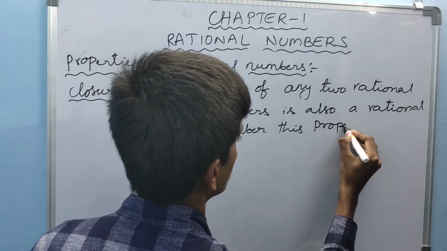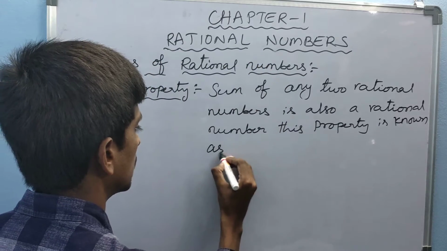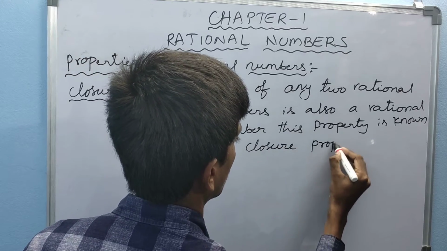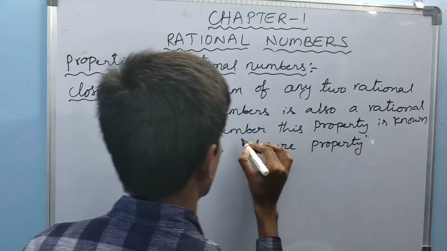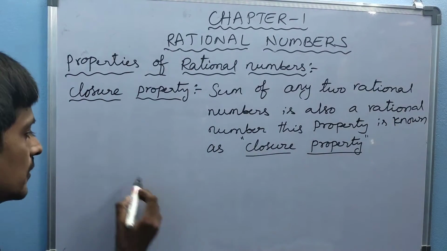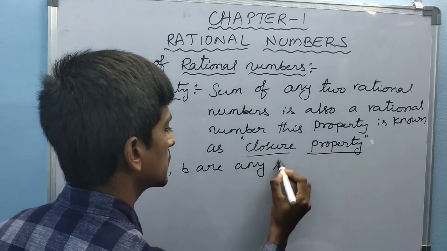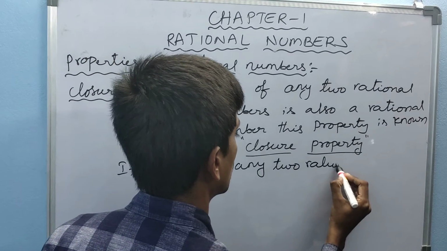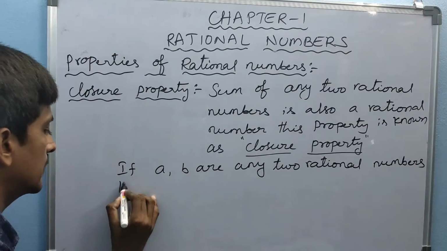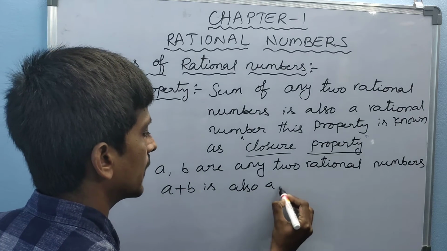This property is known as the closure property. For example, if a, b are any two rational numbers, then a plus b is also a rational number.